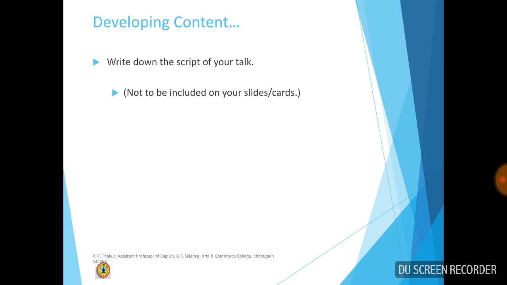What you should do is you should simply list your main points or sub points, and then you should explain the points. It is not proper to paste the script of your talk on the slide and then turn your back at the audience and keep reading that script from the slide. It is poor presentation.